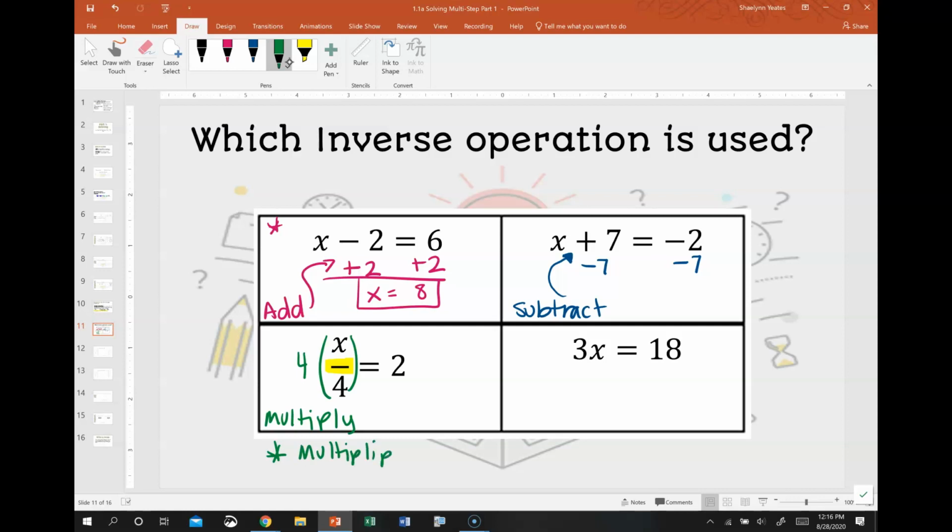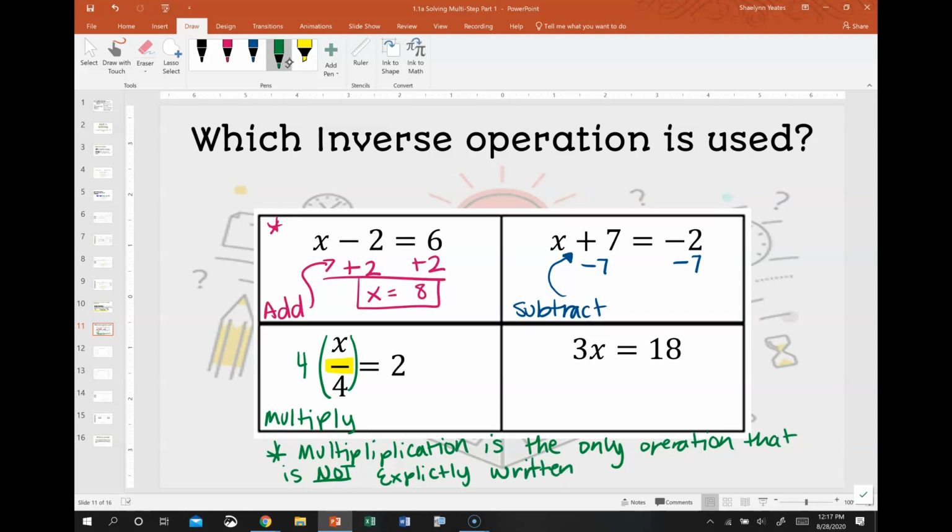Multiplication is the only operation that is not explicitly written. In other words, it's the only one that you don't have to write.